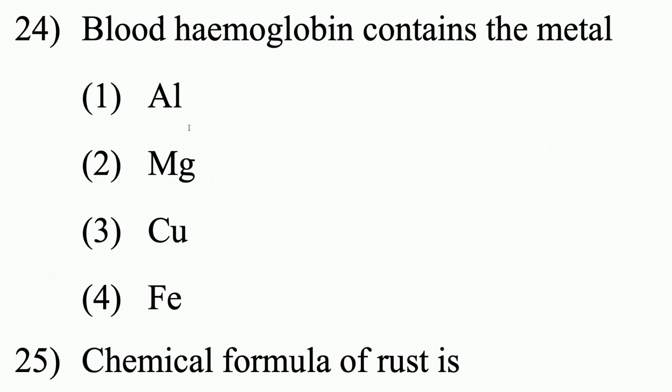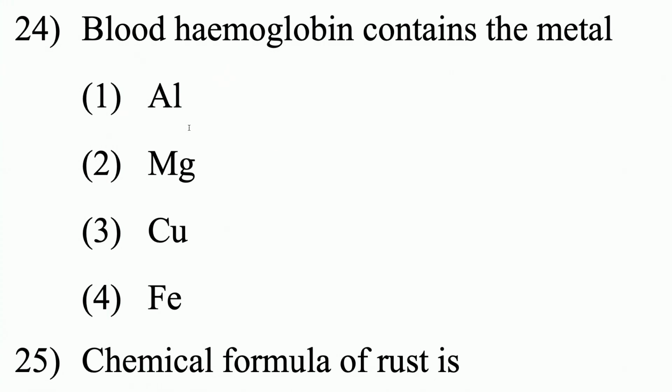Blood hemoglobin contains the metal iron. Hemoglobin contains which transition element? Iron. And in chlorophyll the element is magnesium. Aluminum does not belong to the transition elements. Copper belongs to the transition elements. So option number 2 belongs to chlorophyll, and option number 4 belongs to hemoglobin. Hemoglobin contains the metal iron.